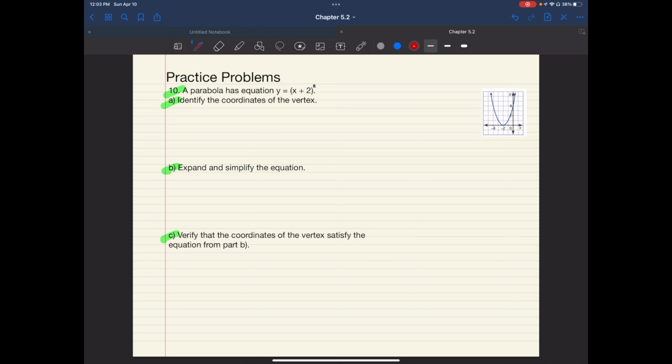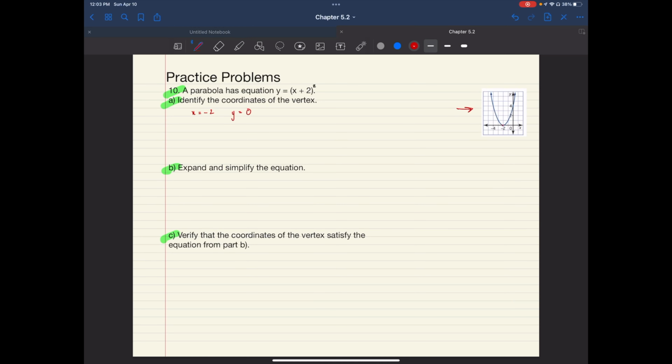Okay, number 10. A parabola has equation y equals (x plus 2) squared. Off to the right, we have a graph of the equation, the parabola. A, identify the coordinates of the vertex. Well, by looking at the graph, we know the x-coordinate is x equals -2, and the y-coordinate is equal to 0.